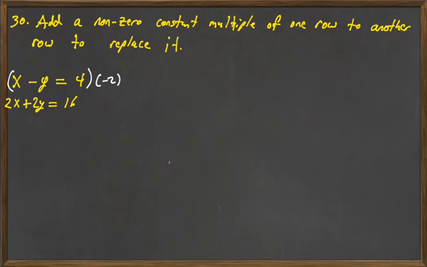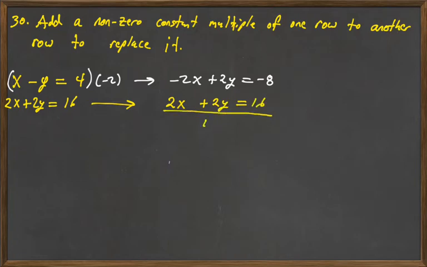I will go ahead and eliminate the x because that follows the Gaussian elimination a little bit better. So we'll eliminate the x. We'll get the same answer if we eliminate the y's, but we'll model this out after the Gaussian elimination. Okay, so that's going to give us negative 2x plus 2y, and that's equal to negative 8. And then the bottom equation is 2x plus 2y is equal to 16. And then we'll add. So the x's will cancel, and we have 4y is equal to 8.